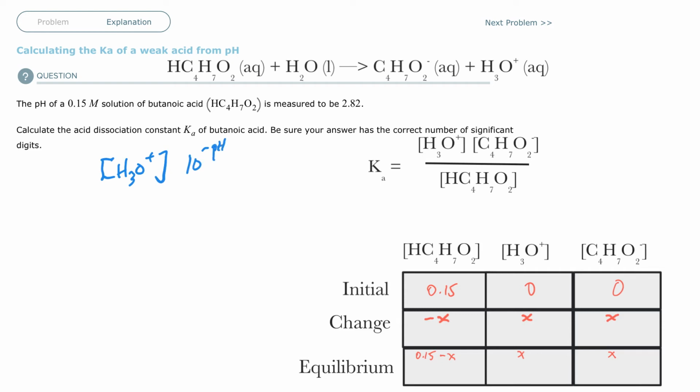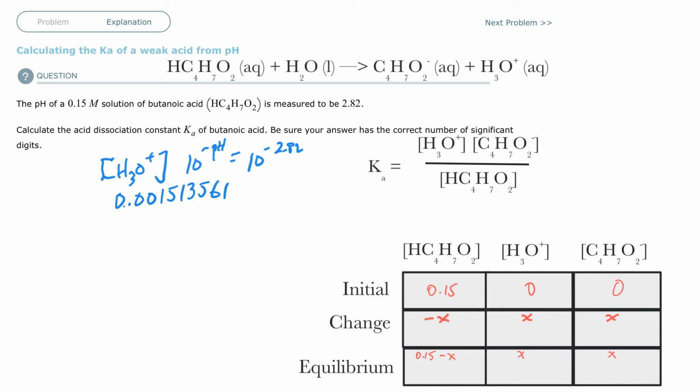Well, that is equal to 10 to the minus 2.82, and 10 to the minus 2.82 is 0.0015135561. Okay, so let's go to 4 places, 0.001514. Okay, that is your X.